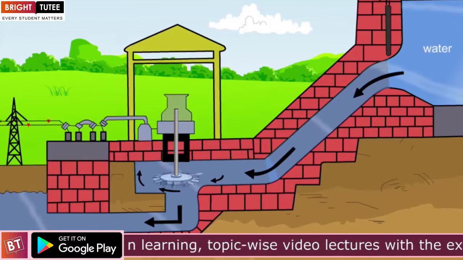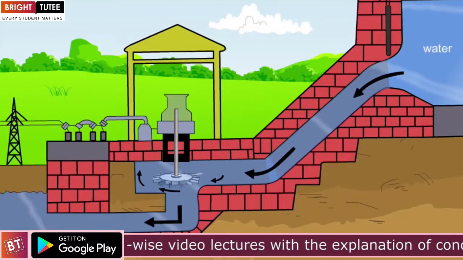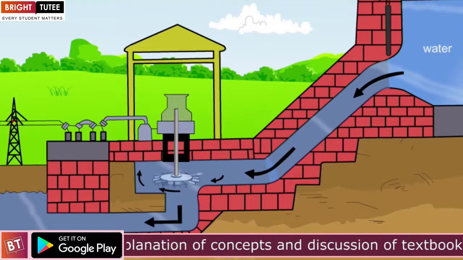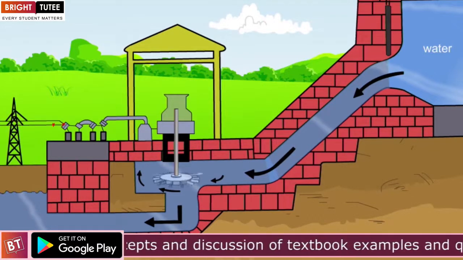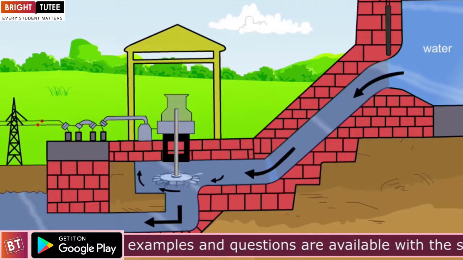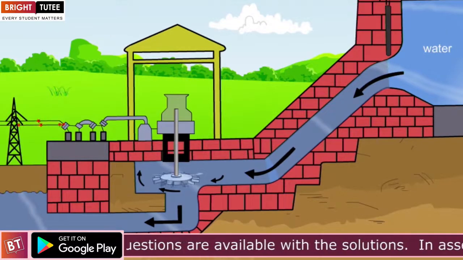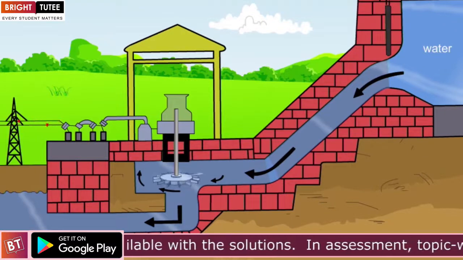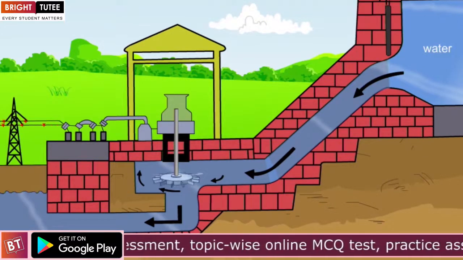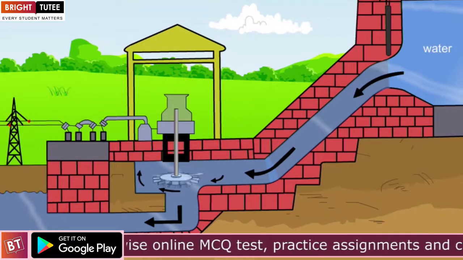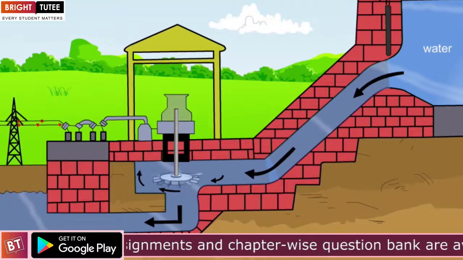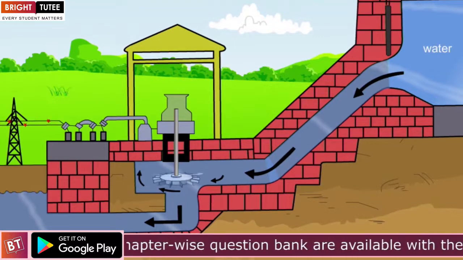Now, this moving water, this kinetic energy in turn rotates the blade of a turbine, and this turbine is coupled to a generator. When the coils of the armature of generator turn rapidly in the magnetic field, electrical energy is produced in the coils. Now, this electrical energy which is produced is fed to step-up transformers and then supplied to distant places through high tension wires.